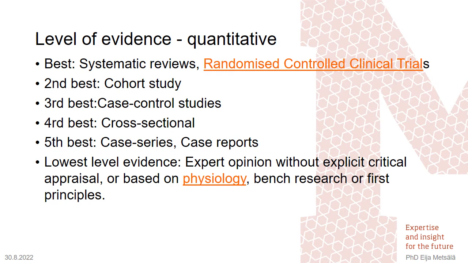Fifth best case series and case reports. And the lowest level of evidence, expert opinions without explicit critical appraisal or this kind of clinical studies, small-scale clinical studies, which are pretty common in medicine.